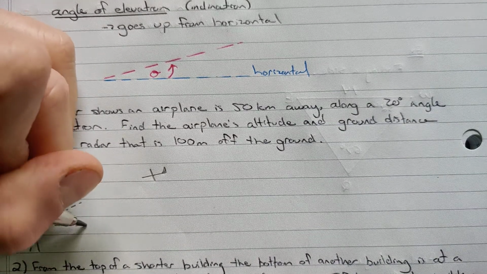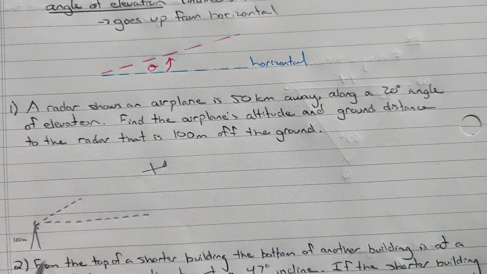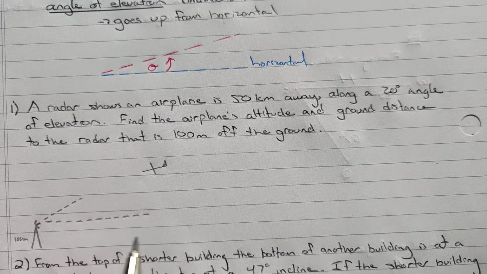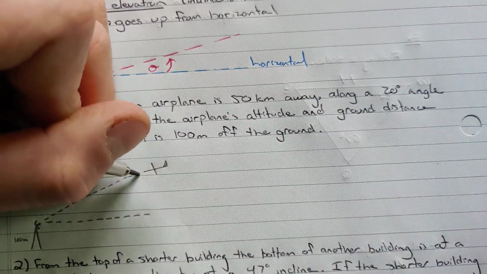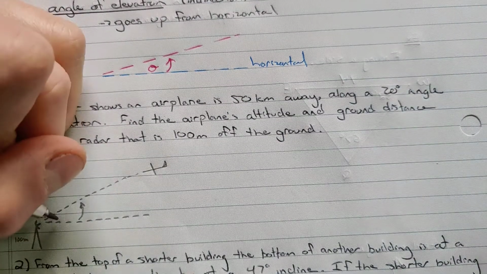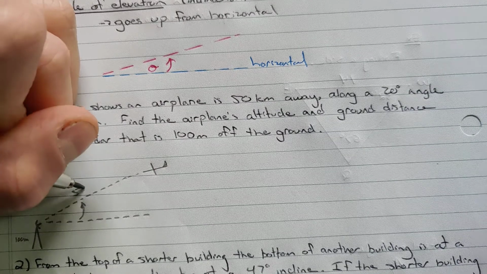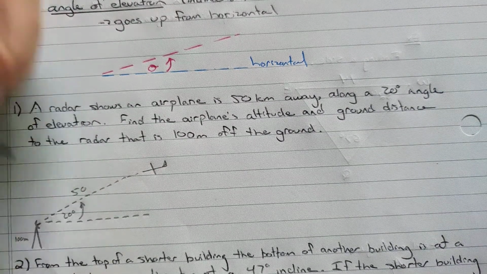So if we measure that like that, this is not 50 kilometers because it's 50 kilometers away at that angle of elevation. So this elevation line here, this going up, is 50 kilometers and 20 degrees goes in here.